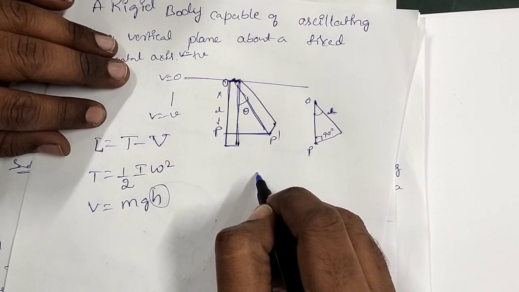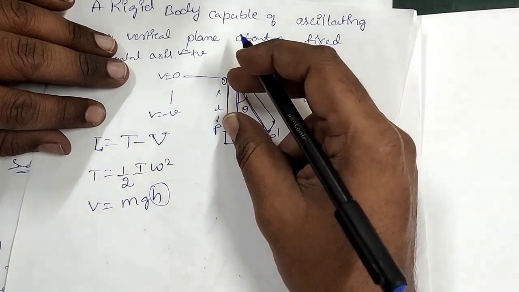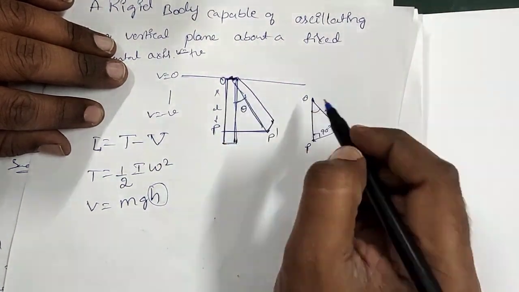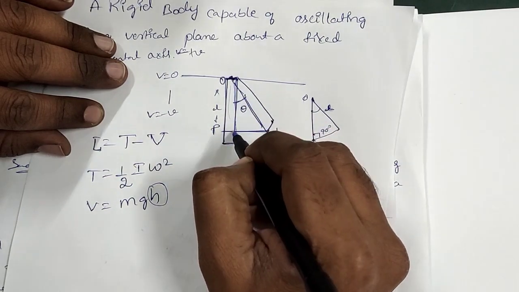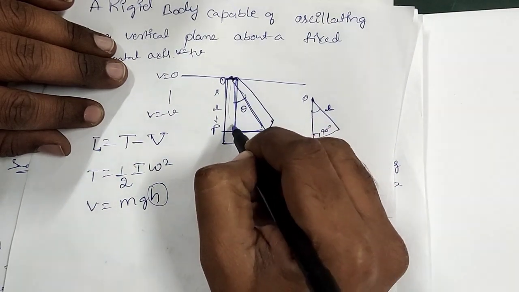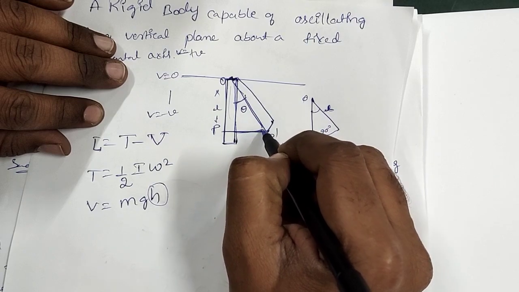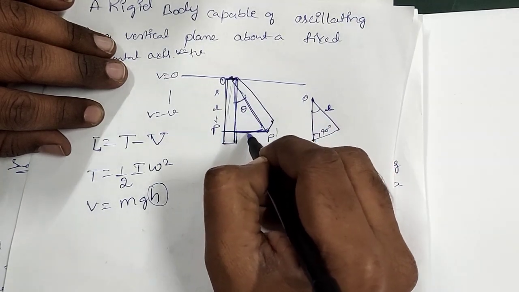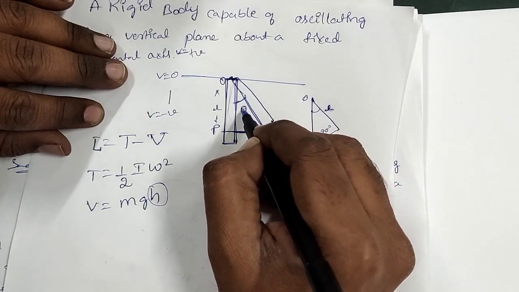We know that this is the height and this is length L. Let us consider the pendulum has moved from the center position by a small displacement which makes an angle theta.